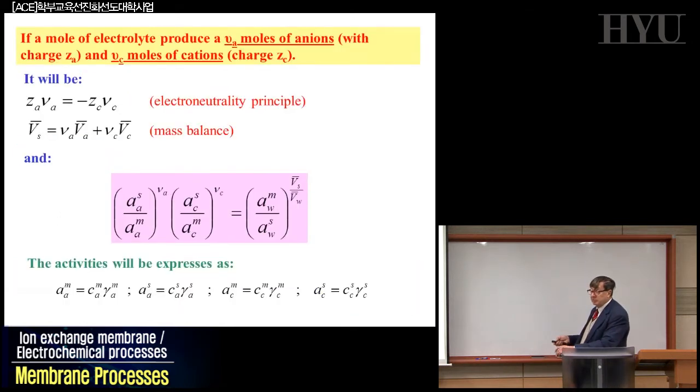Now, if you have a univalent electrolyte, it is a little bit more simple. If you have a not univalent electrolyte in your system, as you know, when you put in any solution any strong electrolyte, in principle, the strong electrolyte will be 100% split into positive species and negative species.